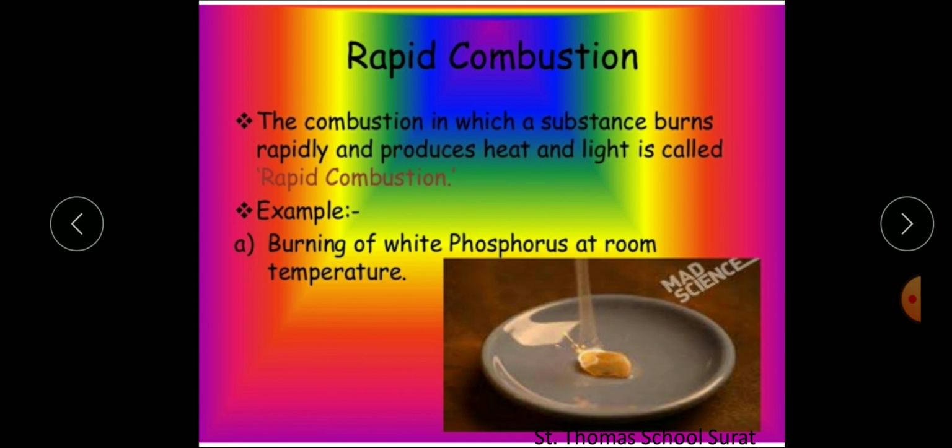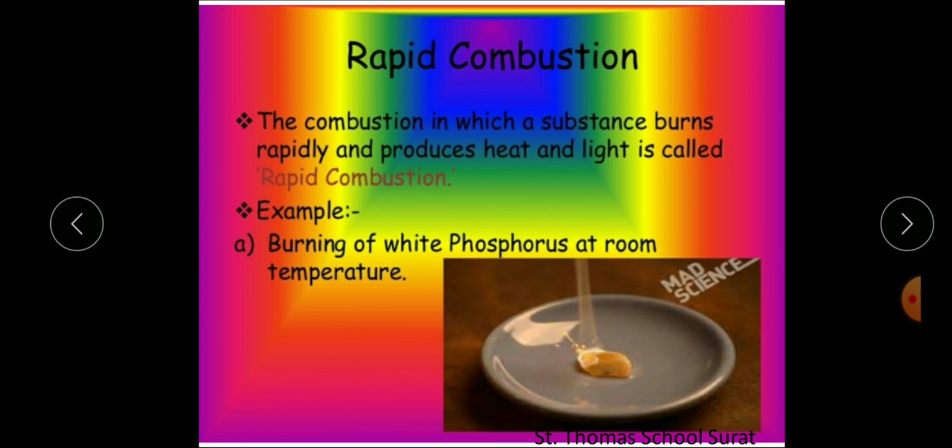And produces heat and light. Such combustion is known as rapid combustion. The combustion in which a substance burns rapidly and produces heat and light is called rapid combustion.